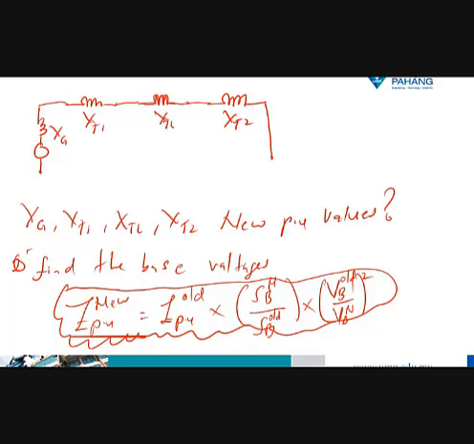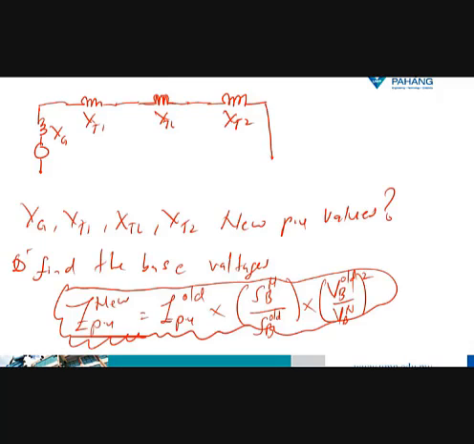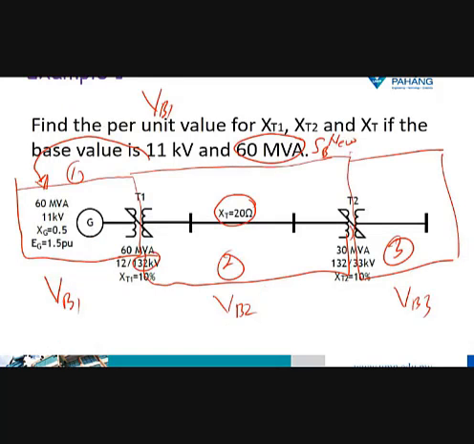So find the base voltage for the second step. How do we calculate the base voltage? Step number 2, find the base voltage. We know that V base 1 is equal to 11 kV. This one is given in the question. So we have to find V base 2, the V base at region 2. Based on the transformer rating, we have a transformer over here, rated 132 and 12.